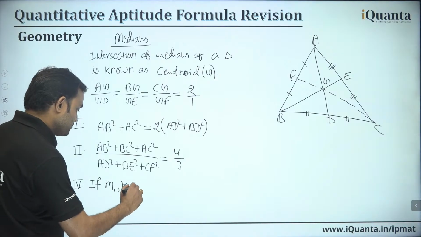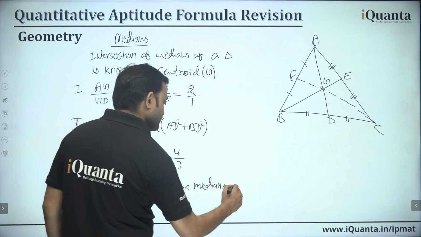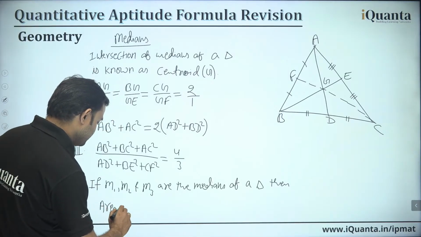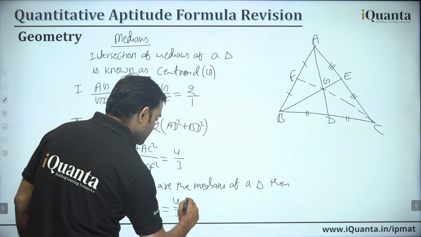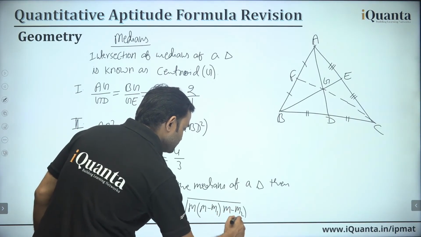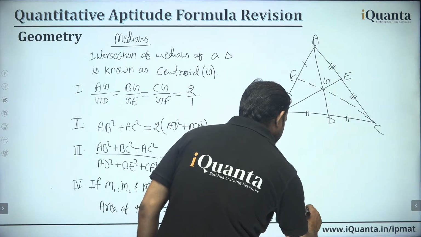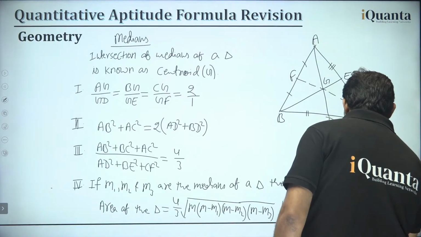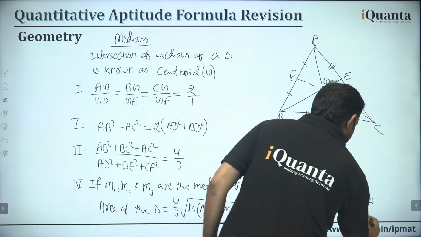Apart from that, you can also use this: if m1, m2 and m3 are the medians of a triangle, then the area of the triangle will be equal to 4/3 times the square root of m into m minus m1 into m minus m2 into m minus m3, where m is equal to m1 plus m2 plus m3 divided by 2.